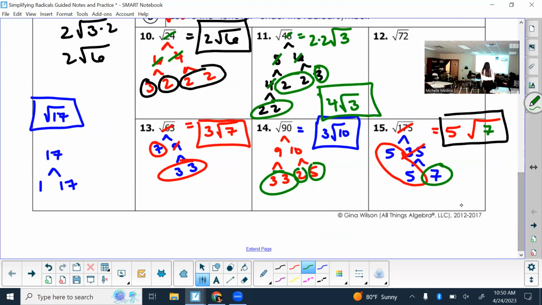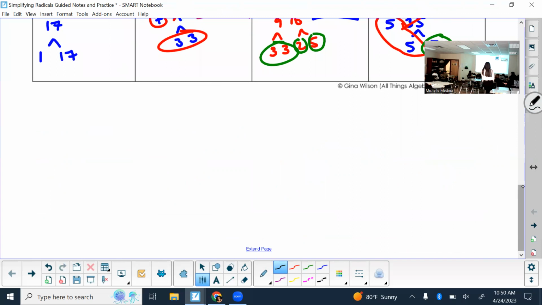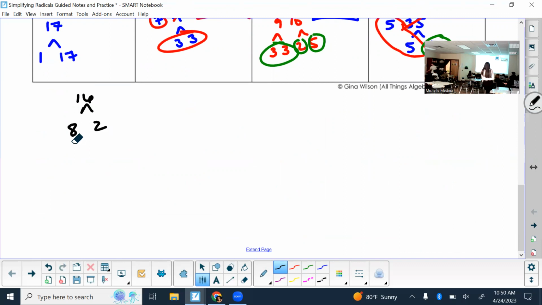So for example, if I did 16. Made a factor tree for that, so 8 times 2. 8 breaks down into 4 times 2, that breaks down into 2 times 2. So only looking at my prime numbers, I notice that I have 2 pairs of 2s and nothing left over.